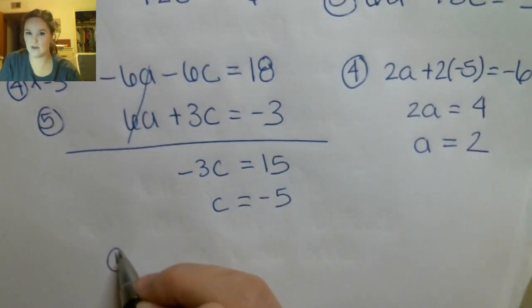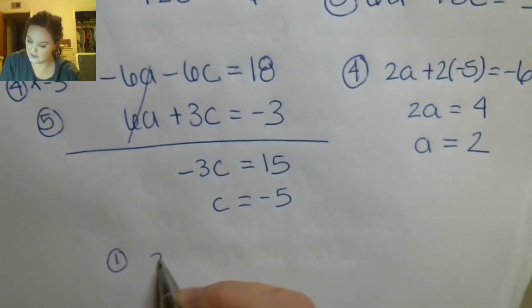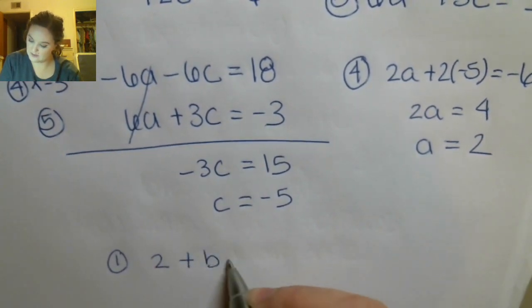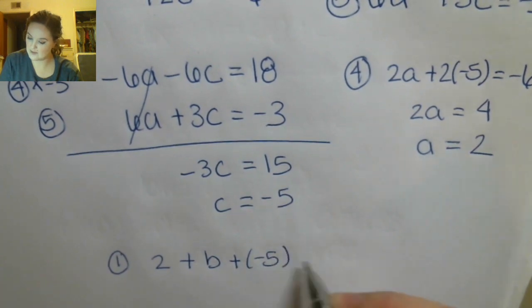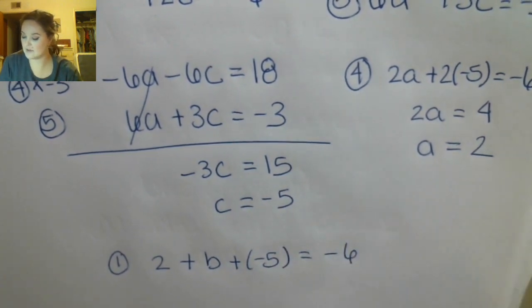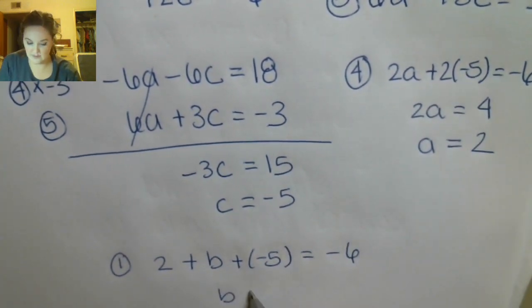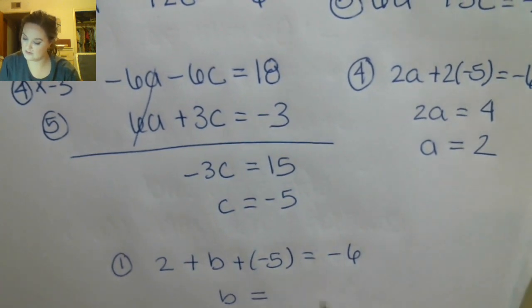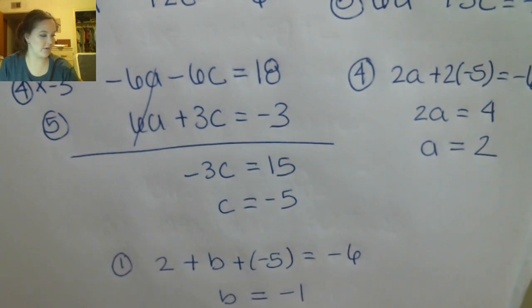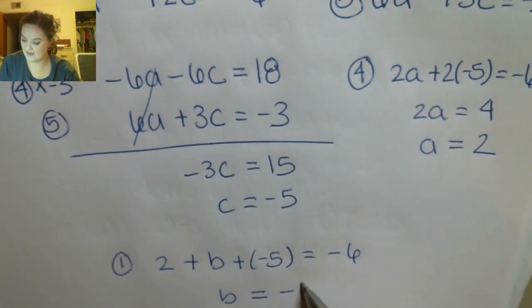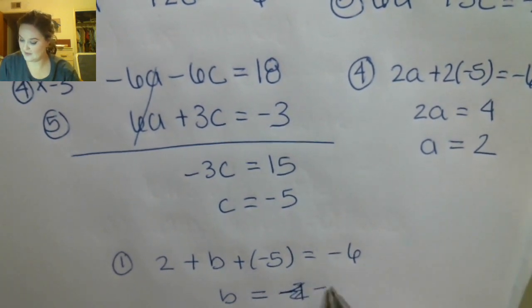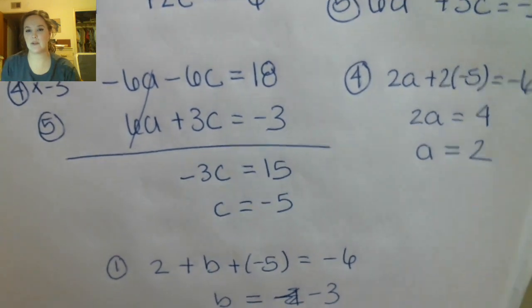So I'll just use the very first one, which was a plus b plus c equals negative 6. Okay, so this would give me b equals negative 1. Is that right? Nope. Don't know how to add. Should be negative 3. Okay.